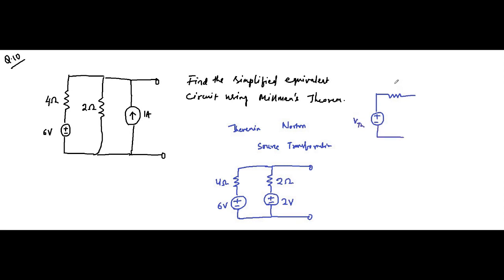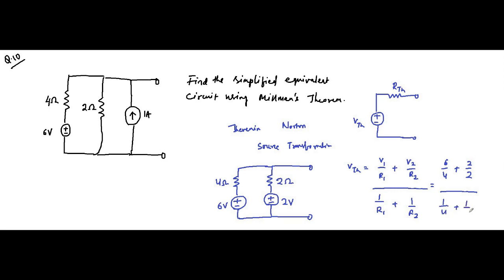VTH, RTH. So VTH here will be V1 by R1 plus V2 by R2, divided by 1 by R1 plus 1 by R2. So that is 6 by 4 plus 2 by 2, divided by 1 by 4 plus 1 by 2.